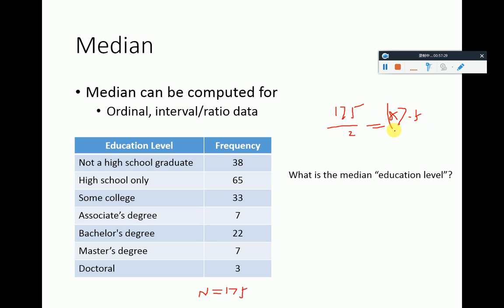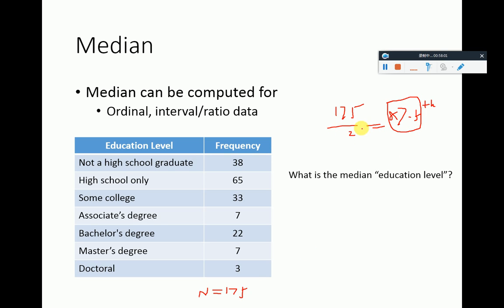So in other words, we should find the value that includes the 87.5th individual, and that category will be our median education level, because that particular level will include the person that divides the sample of 175 into two halves.